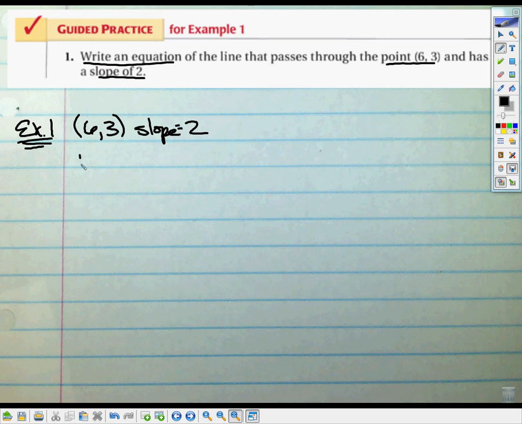what we're used to is that we work with y equals mx plus b. And from the other day, you should know that the 2 that you see right here is going to go in for m, and you're going to have y equals 2x plus b. Now what we have to look at is, how do we find out what b is when this point is not the y-intercept?